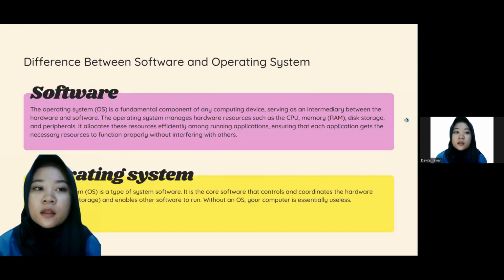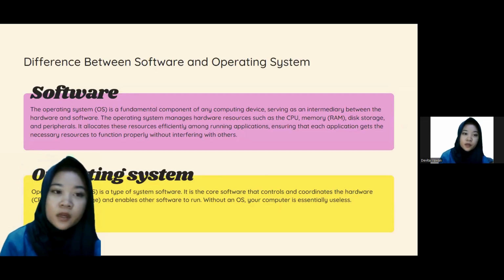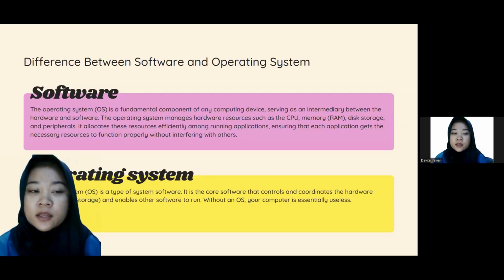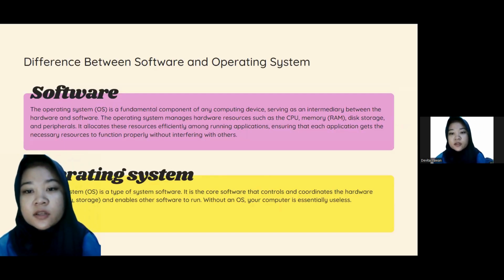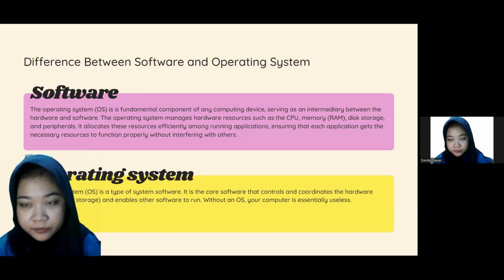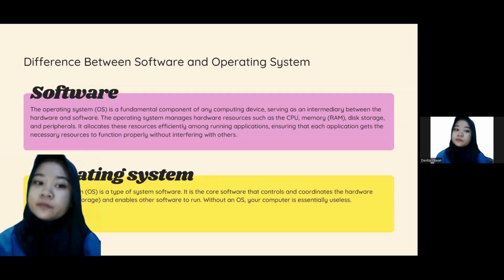So the difference between software and operating system. The operating system is a fundamental component of any computing device, serving as an intermediary between the hardware and software. The operating system manages hardware such as the CPU, memory, RAM, disk storage, and peripherals.